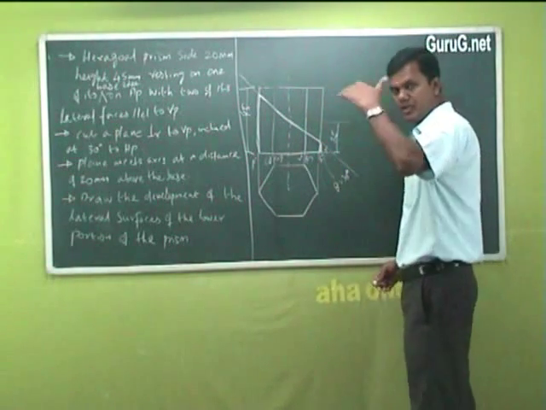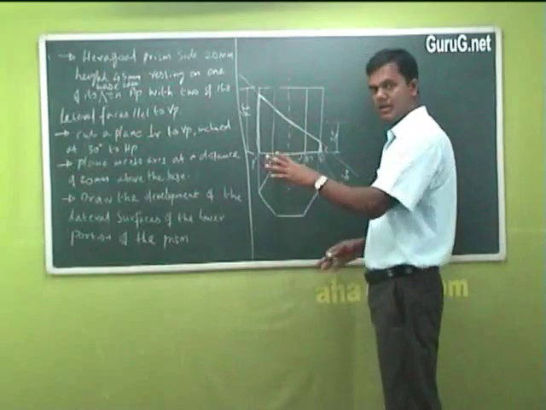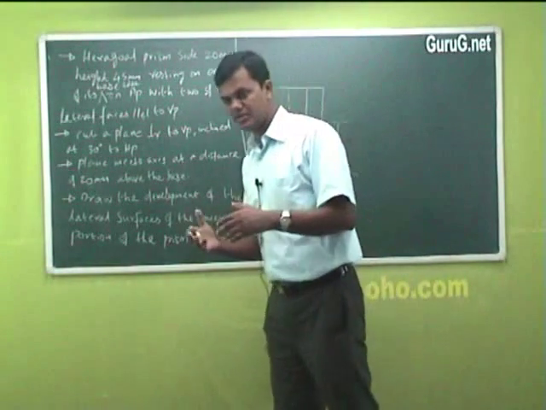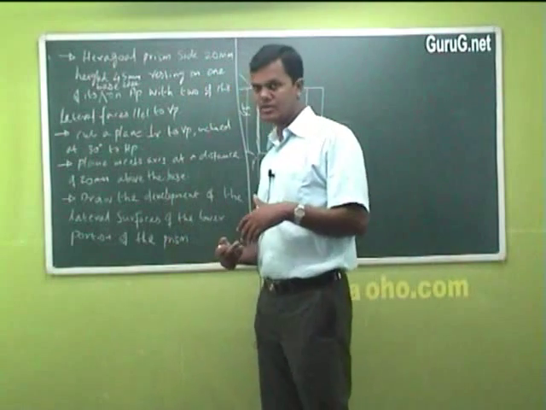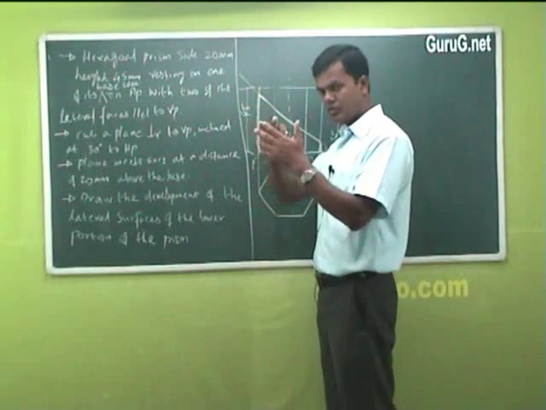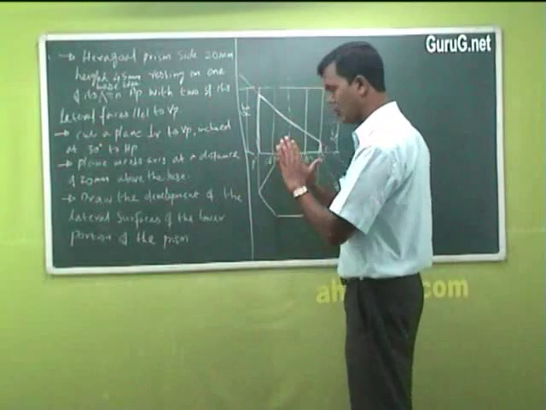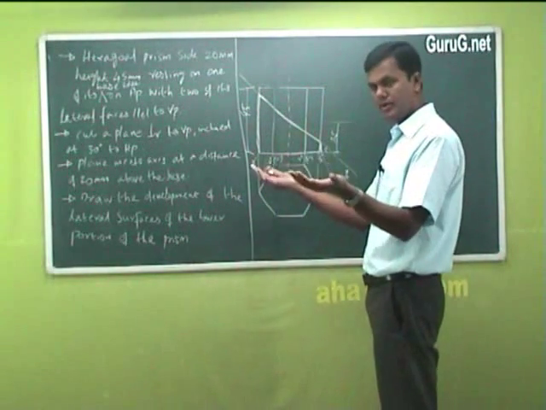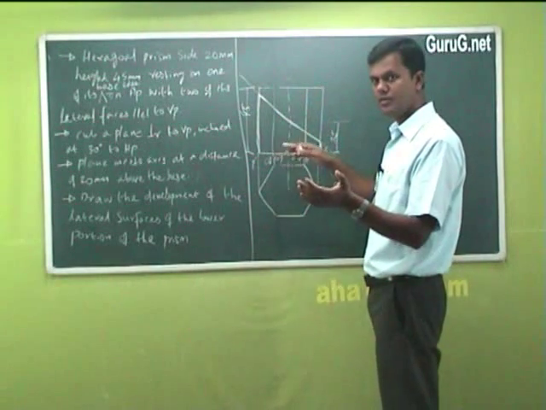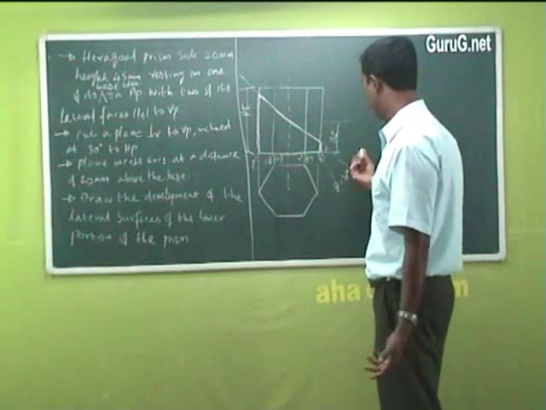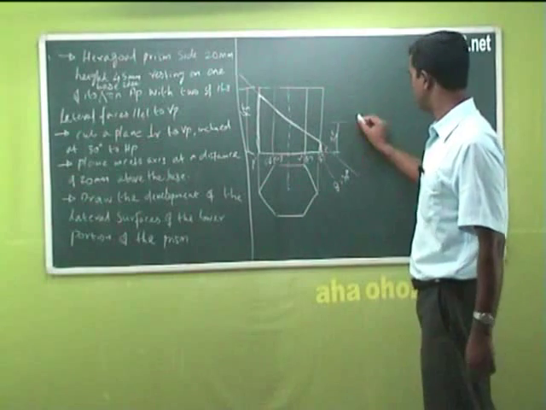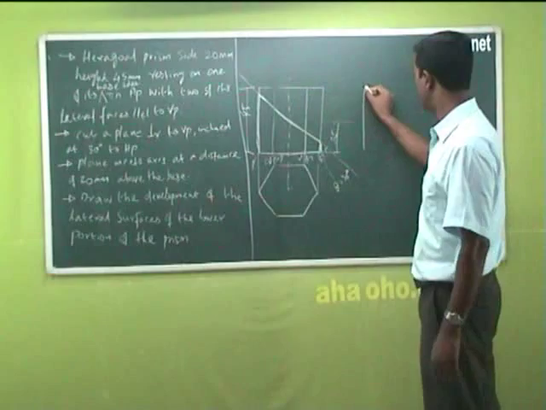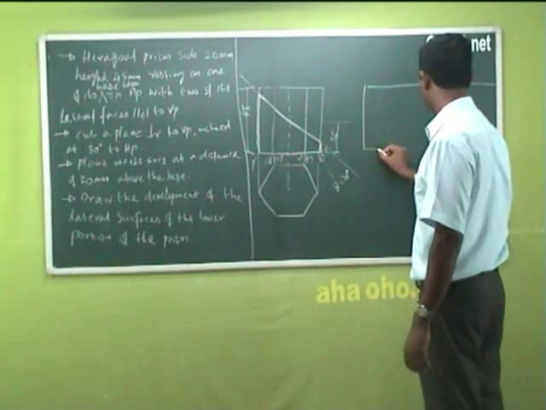Think that if you take a hexagonal prism and make a paper model, either with a normal sheet or a chart, and you cut it, when you open this bottom portion it will be a different shape, with 6 side faces. The simple procedure is: first draw a line at the given height of 45 millimeter and extend it.